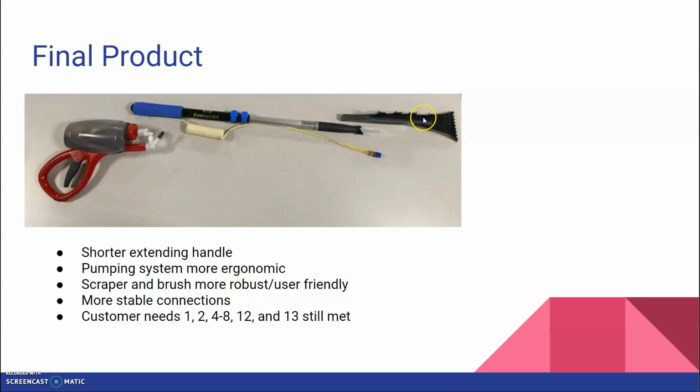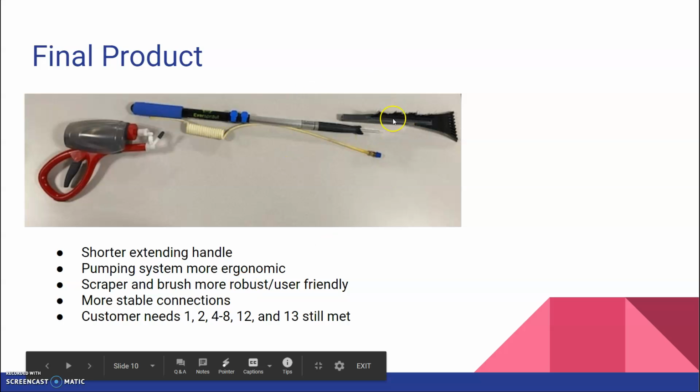It wasn't just duct taped together, so it was more stable. It would have been better for us to try and do the tests on scraping ice off of a windshield with this prototype as opposed to the last prototype. And we used epoxy to connect most of the connections, so that made everything a lot more stable as well.